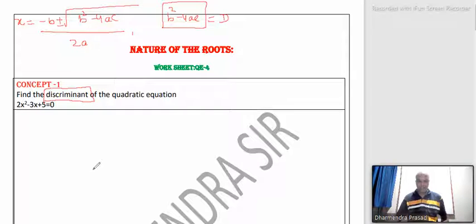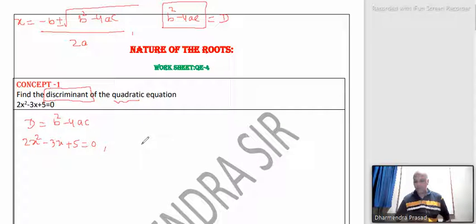So in the first question you have to find the discriminant of the quadratic equation. Simply find b square minus 4ac. We can say D is equal to b square minus 4ac. Here the question is 2x square minus 3x plus 5 is equal to 0.